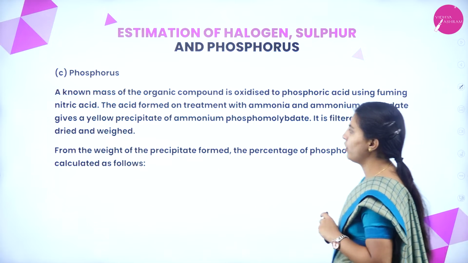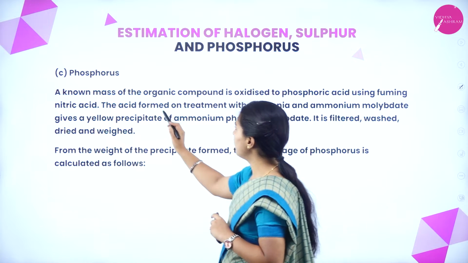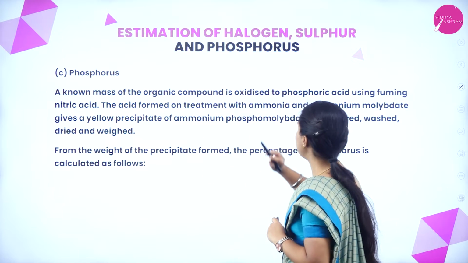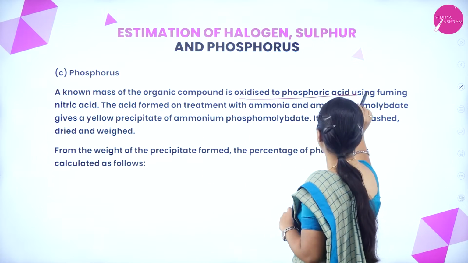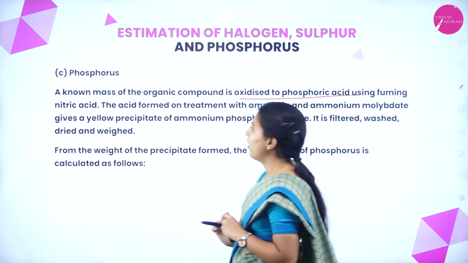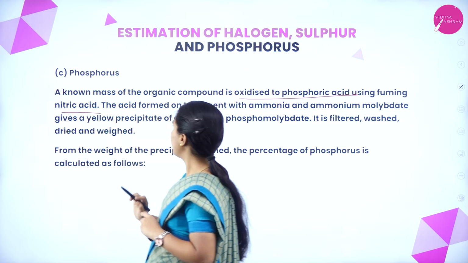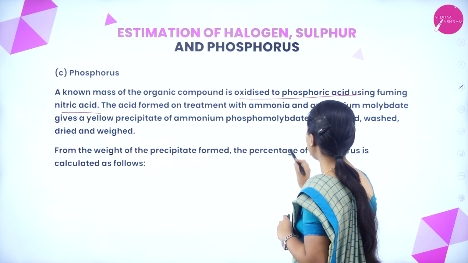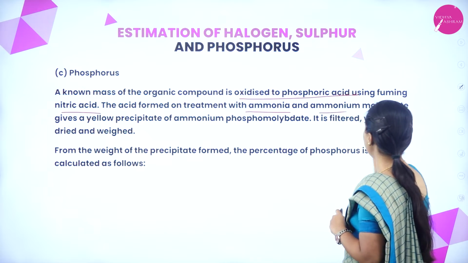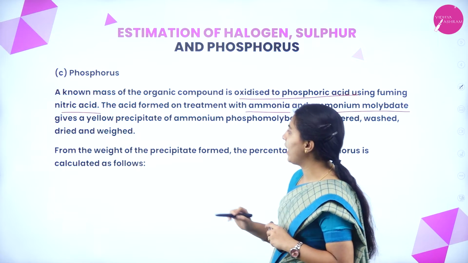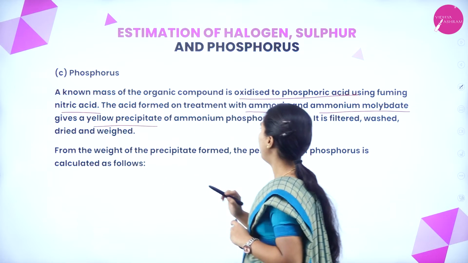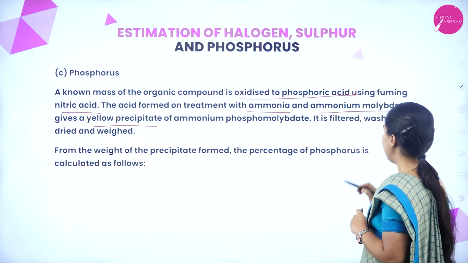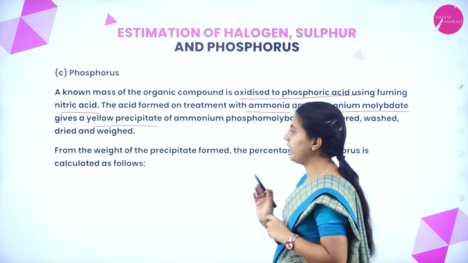Next one, phosphorus. A known mass of the organic compound is oxidized to phosphoric acid using fuming nitric acid. The acid formed, on treatment with ammonia and ammonium molybdate, gives a yellow precipitate of ammonium phosphomolybdate. It is filtered, washed, dried and weighed.